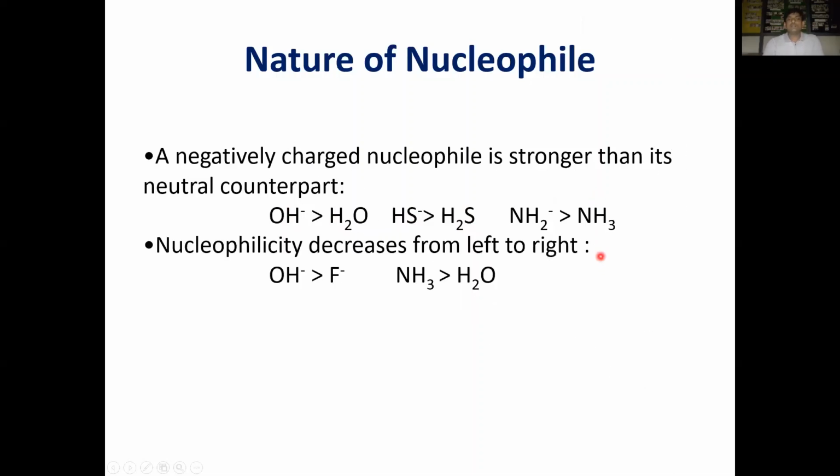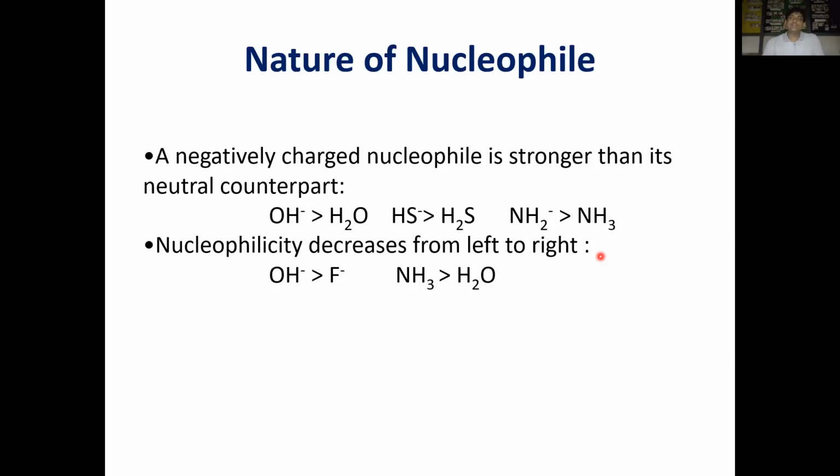And the second one is, if you take a period, from left to right, if you take anions of elements of the periodic table, there is a decrease in nucleophilicity, not basicity, a decrease in nucleophilicity.